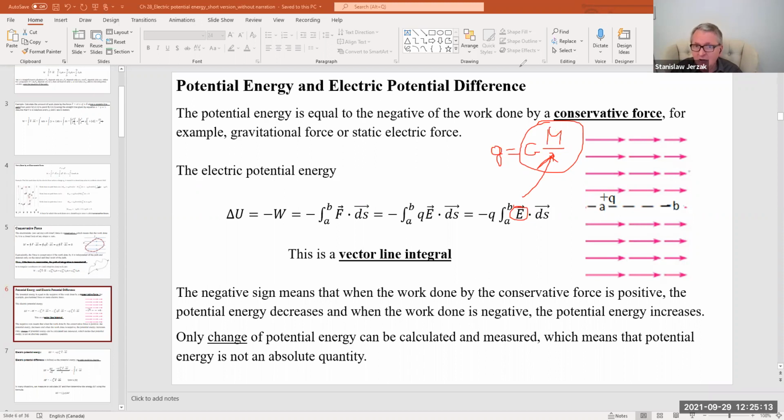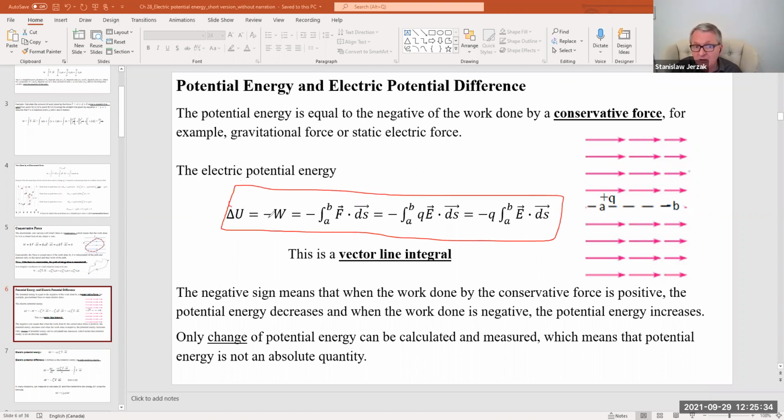Very, very analogous. So again, the best summary is that if you move mass from place to place, gravitational potential energy will change. If you move charge in an electric field from place to place, the electric potential energy of that charge will change. And this is how you calculate the change of that potential energy: the negative of the work done by the electric force.